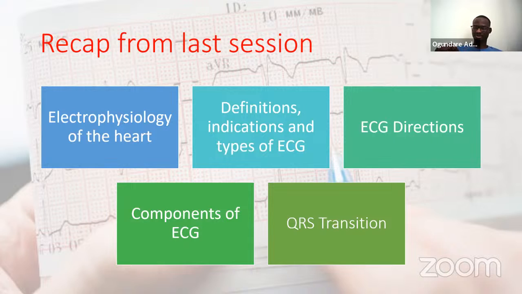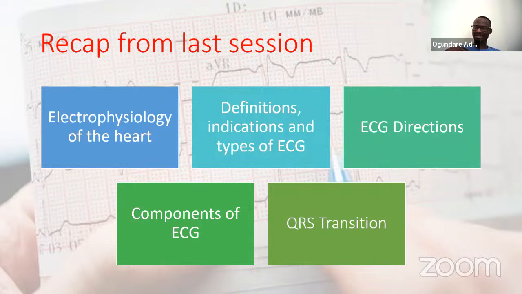It's closer to the right atrium where the SA node is, and the impulse is traveling away from that point of activation. So the closest lead to the point of activation is V1, and that is expected to be negative. And the more it moves away from the point of activation towards V6, it gets more and more positive.